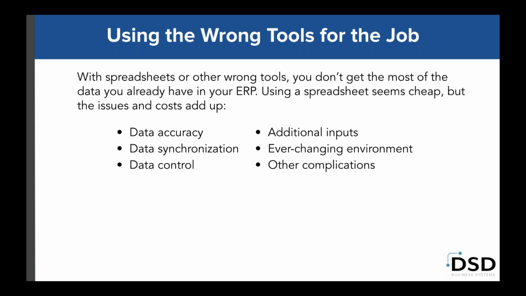And there are, in fact, some additional inputs that really don't exist in the ERP that need to be added to the mix, right? And then you've got a very dynamic, ever-changing environment. You think you've got it nailed, and then something changes. You've got new SKUs, new products, new customers, new markets, new vendors, different processes in the warehouse, different people on the team.